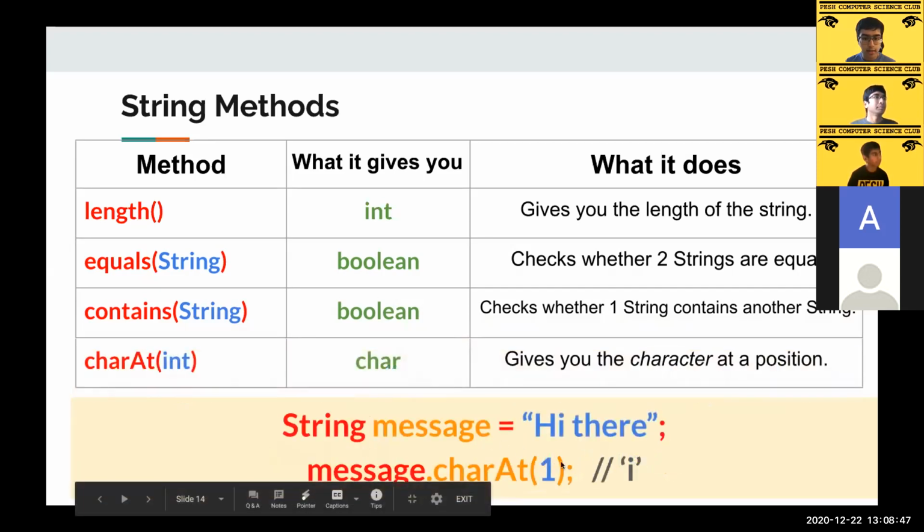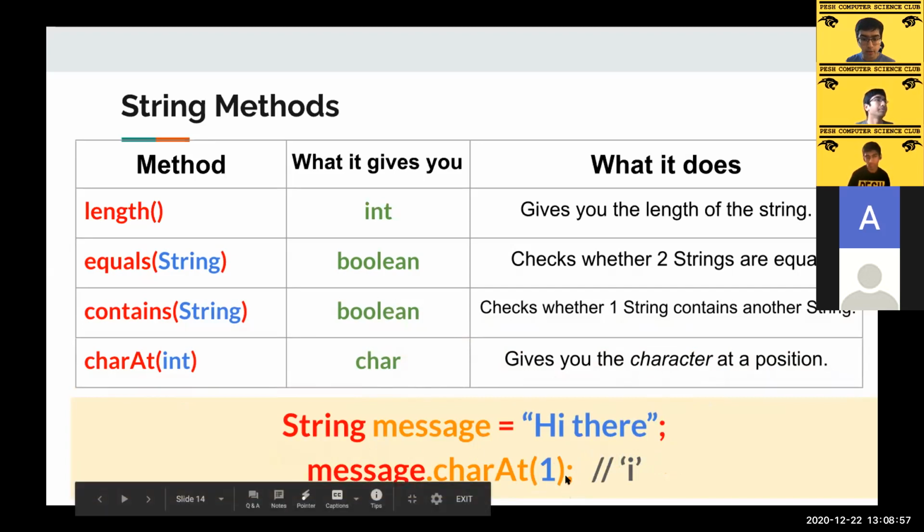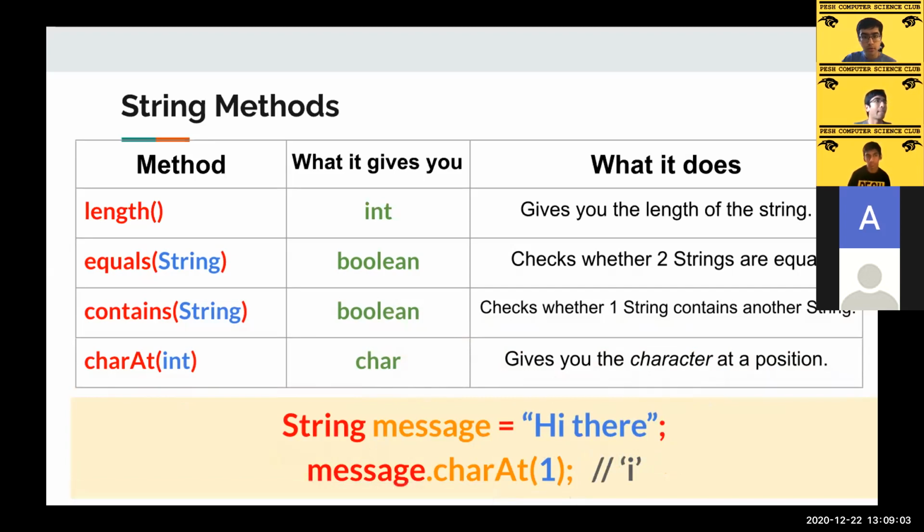We have charAt, and this gives you a character. So what you do over here is you specify the position that you want the character from, and it gives you that character. One important thing to note is that indexing in Java starts at 0. So the computers start counting at 0 and then they go up.